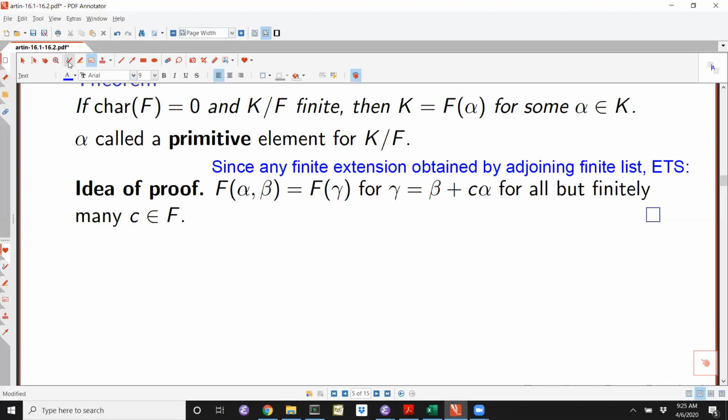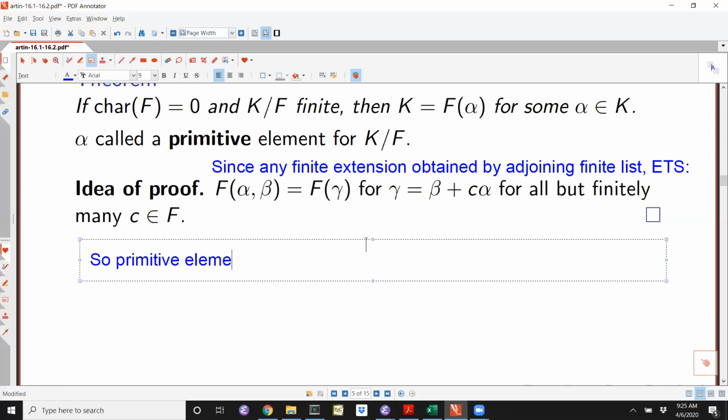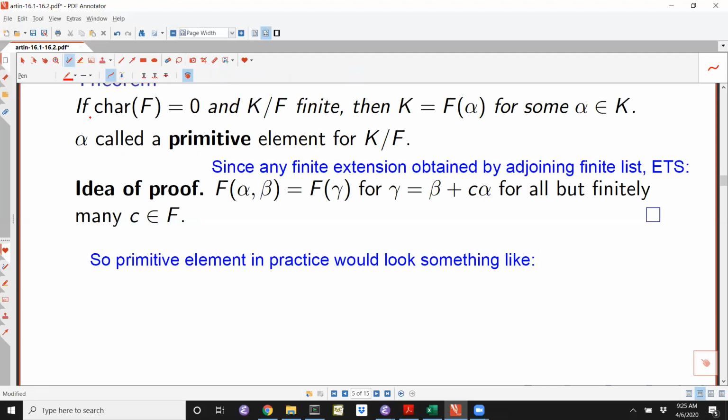I just want to point out that the reason you wouldn't want to use the primitive element in practice is that it would look something like alpha equals alpha 1 plus c2 alpha 2, some kind of random combination.